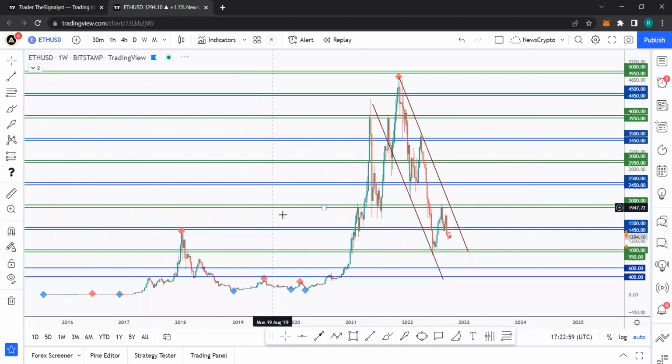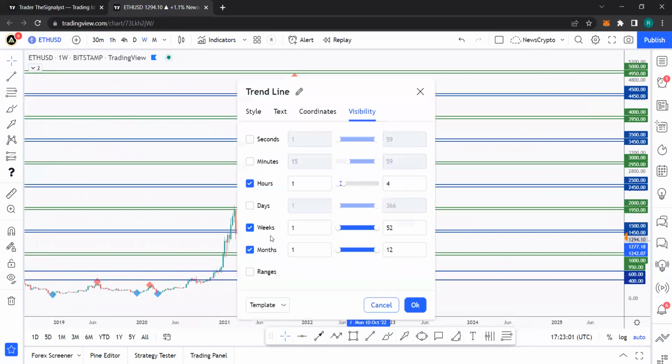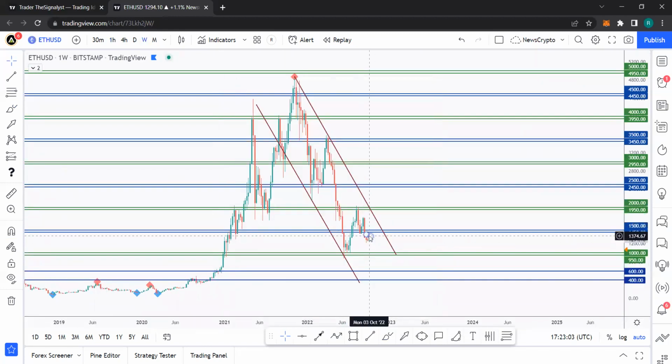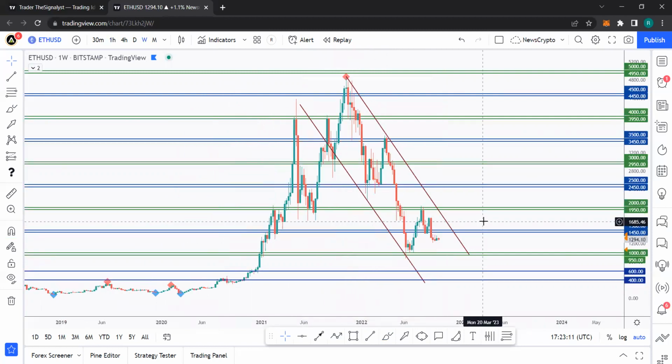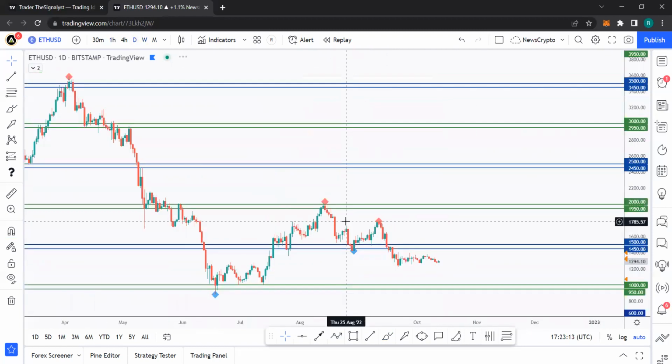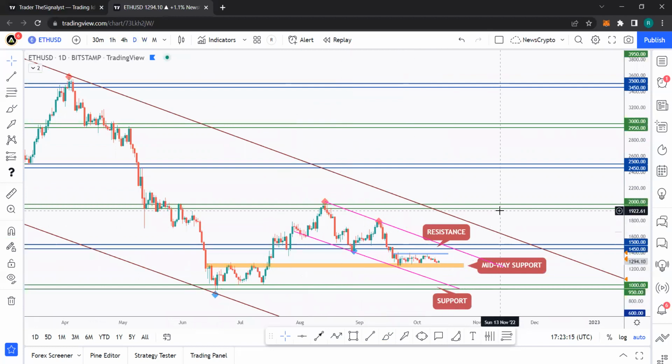Let's go back to weekly to check the overall view before we zoom into lower time frames. Now we are currently trading inside these two support and resistance levels between 1K and 1.5K. Okay, if you zoom into daily time frame, we can see it better. 2K, 1K, 1.5, and we are currently around this mid support and resistance.